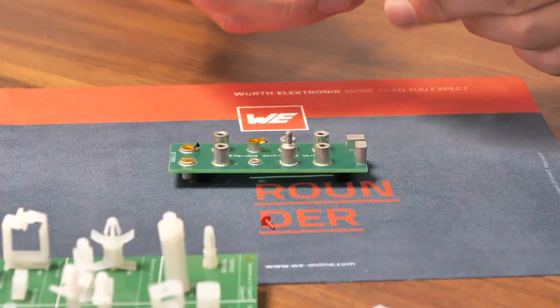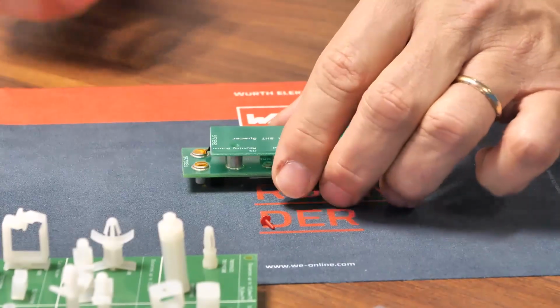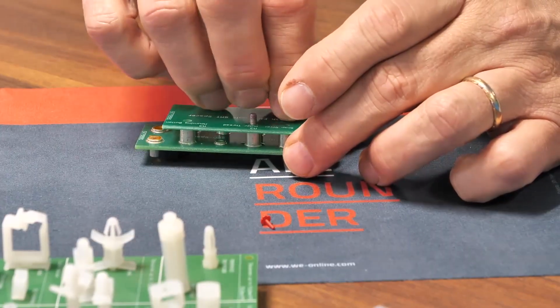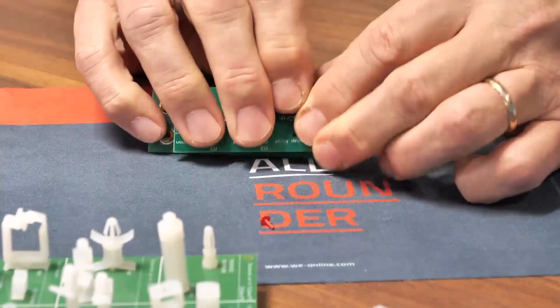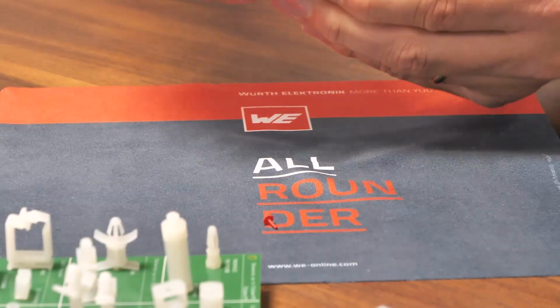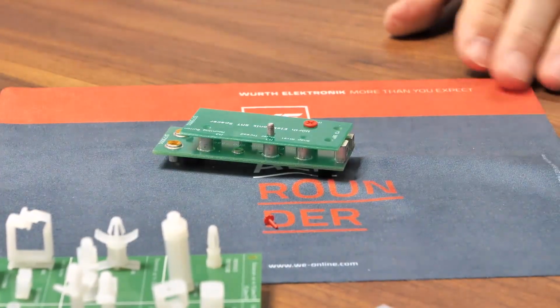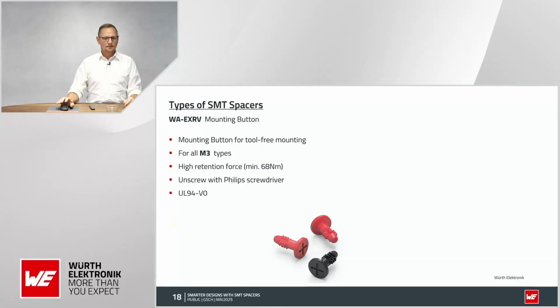And you can put it on top of all M3 threaded spacers, and then you just push it in and you create a very strong connection between those two as well. The holding force here is about 68 Newton on average. And the nice point is that you can easily unscrew it with a Phillips screwdriver.